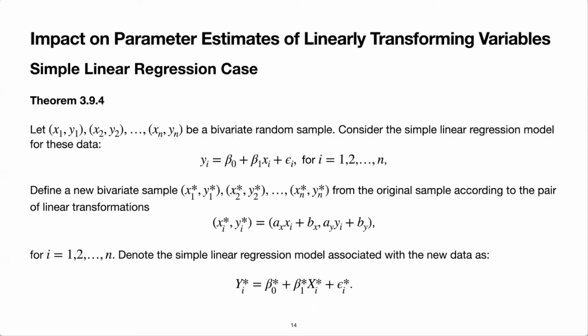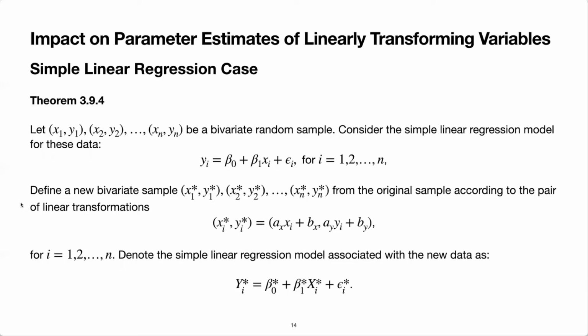Let x1, y1, x2, y2, and so forth up to x sub n, y sub n be a bivariate random sample. Consider the simple linear regression model for these data: Y sub i equal to beta sub 0 plus beta 1 x sub i plus epsilon sub i, i going from 1 to n.